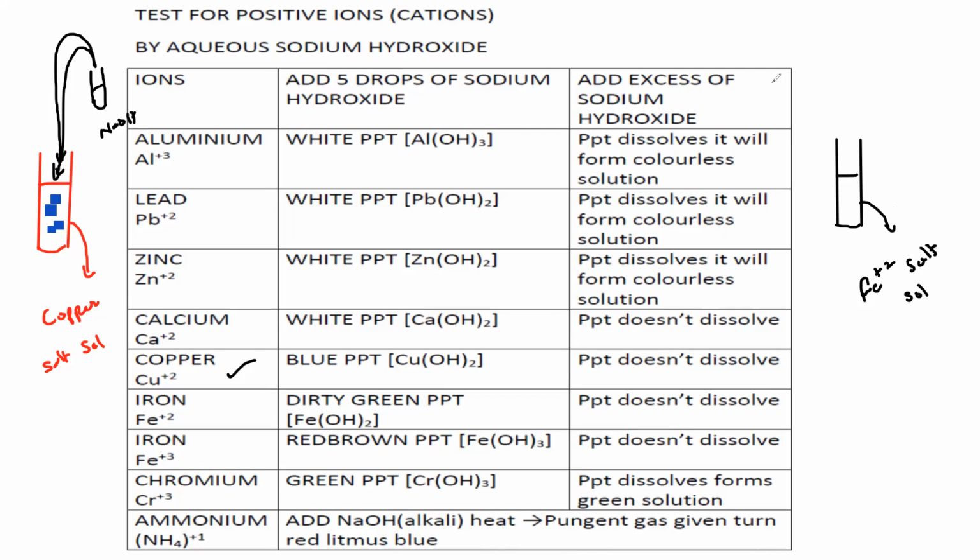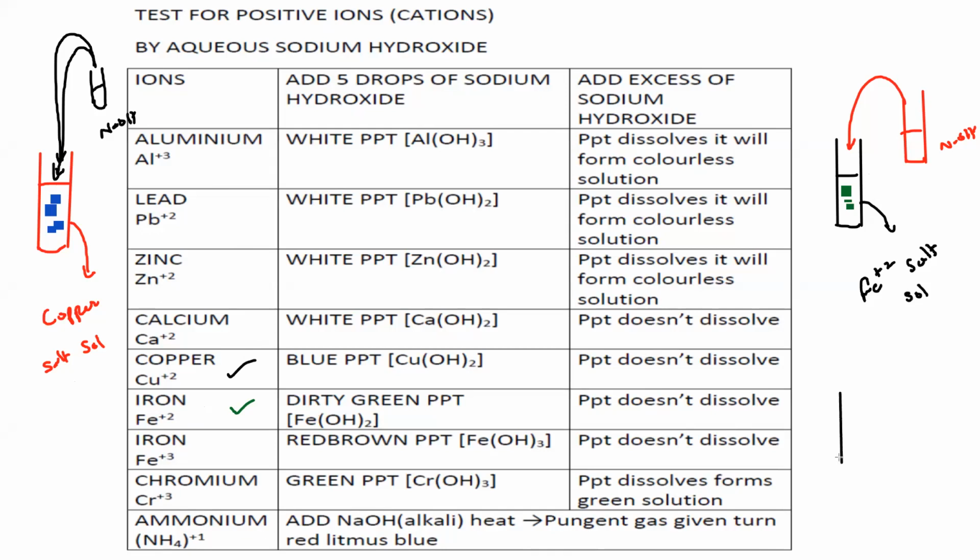Now first we are adding drops of sodium hydroxide, NaOH. The moment we add drops of sodium hydroxide, we'll observe a dirty green precipitate. So it will form a dirty green precipitate. And then when we add an excess, more than enough, too much, the precipitate does not dissolve.